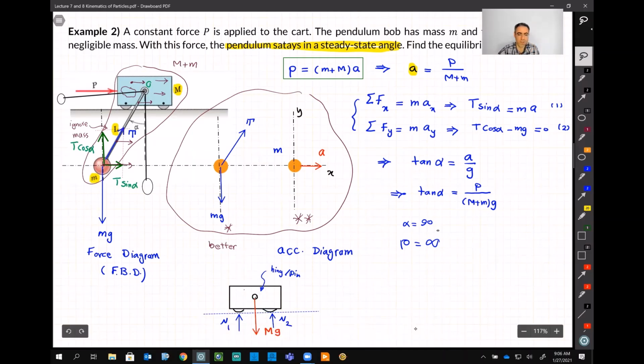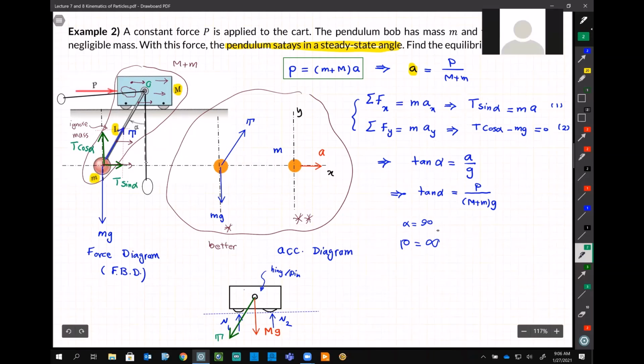Okay, so instead of this OX and OY, I just draw this T. And basically, this is the same T that we drew over here for this pin, for this small M. Yes, and then also there is a P acting. Exactly, we have P acting over here.